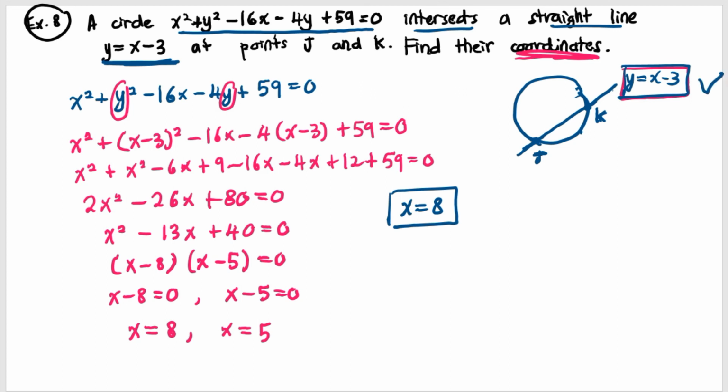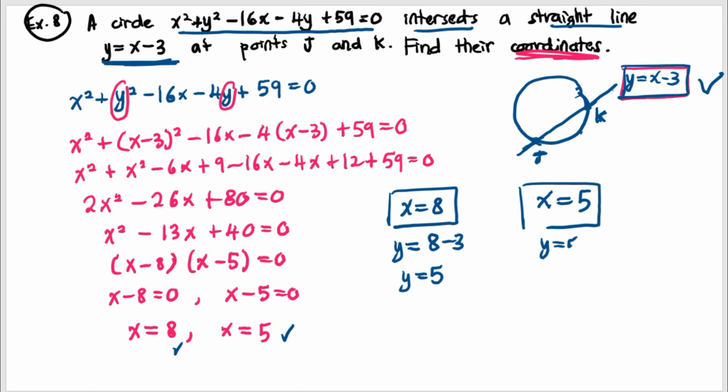But the easier one is of course y = x − 3. Our x is now 8, so 8 − 3 gives y = 5. The second one has x = 5, so y = 5 − 3. Therefore, y is equal to 2.